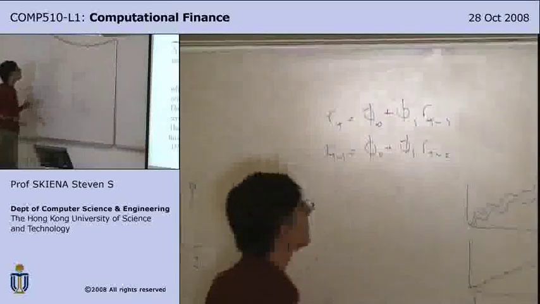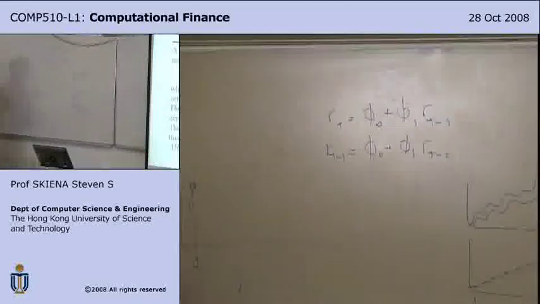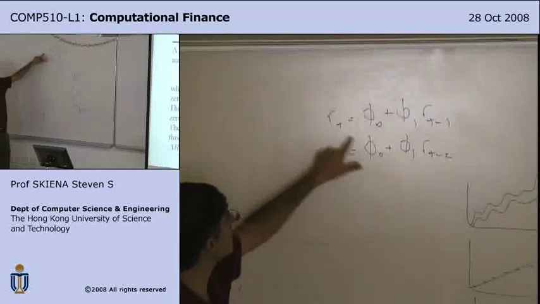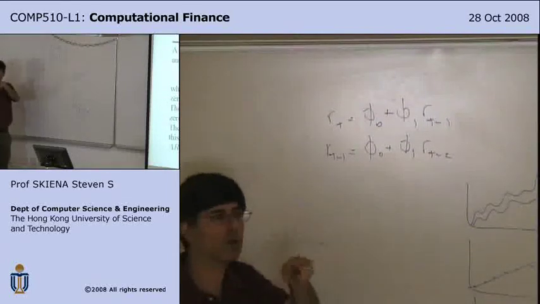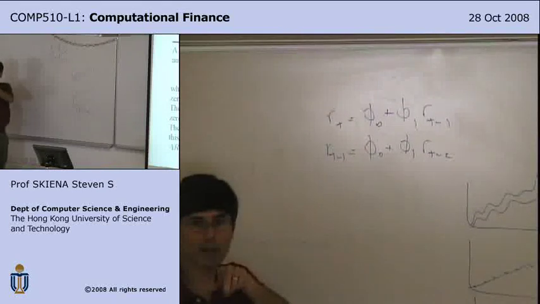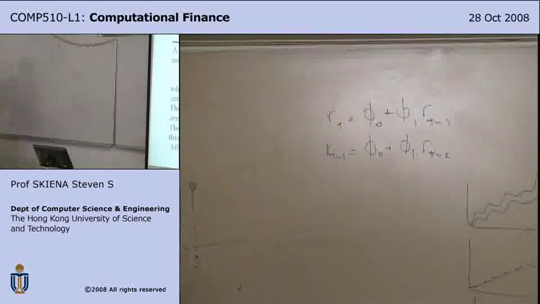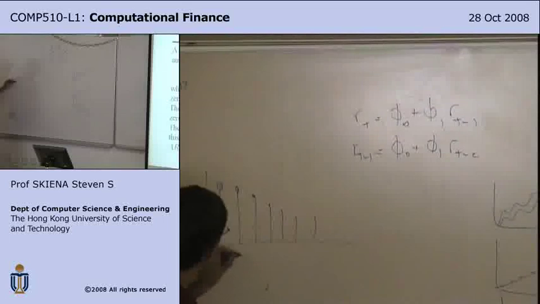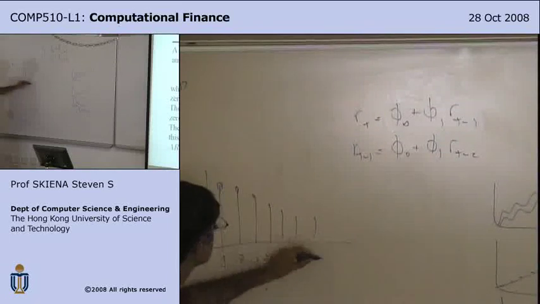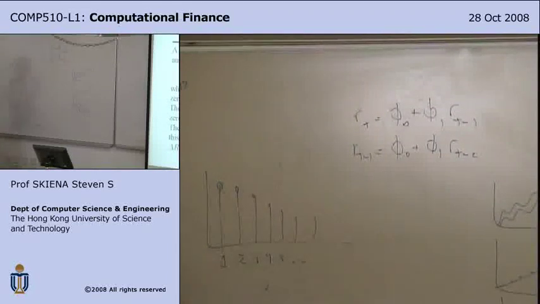Substituting this for this, it shows that today's value is also going to depend very heavily on the value 2 periods ago. Does everybody see that? So in fact, even though this process depends upon a history of only 1, the autocorrelation function implied by this kind of a model would be expected to decay fairly slowly. Does that make sense?